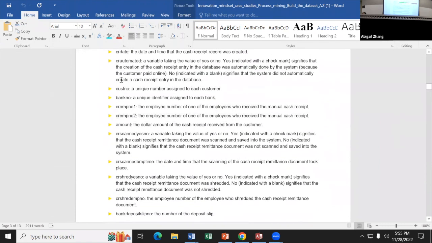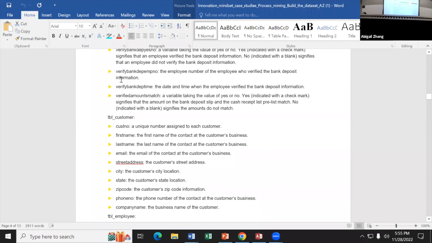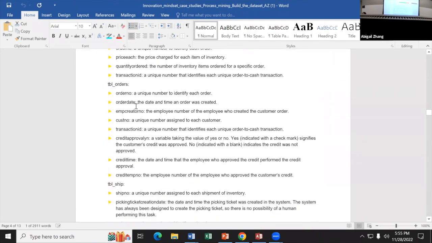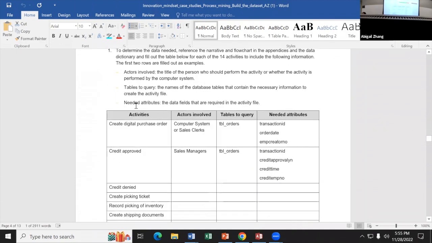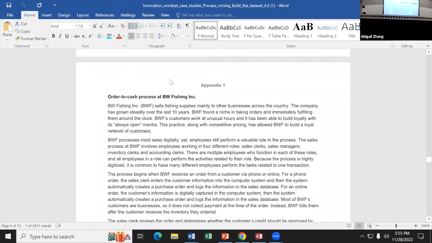I will come back to this later, but this is basically a description of what tables are included in the Access database and a description of each data attribute.